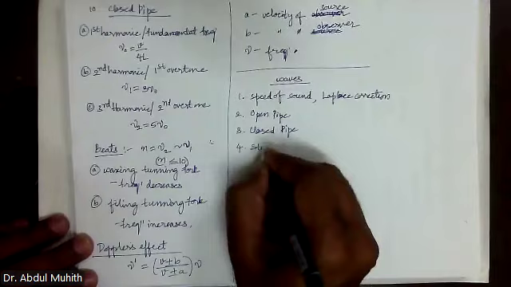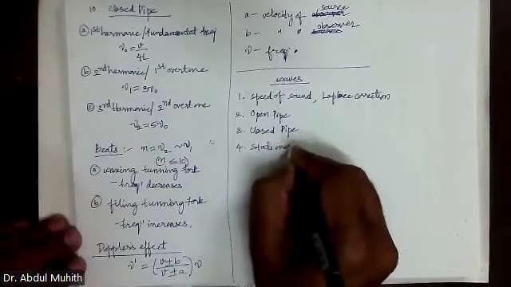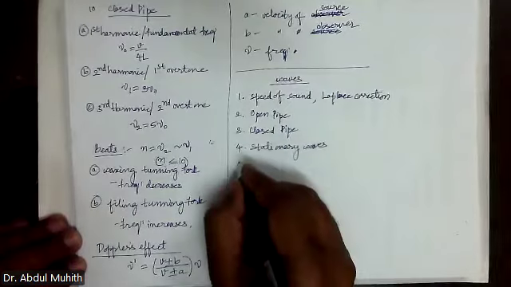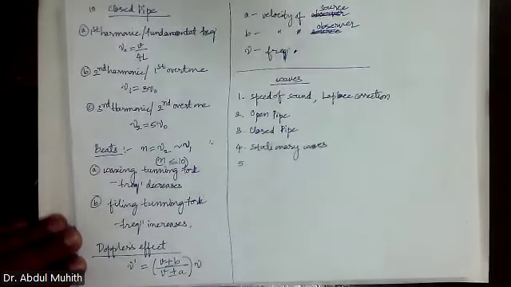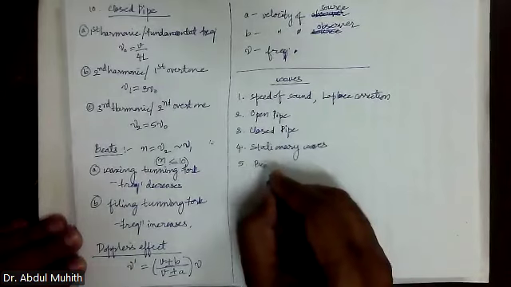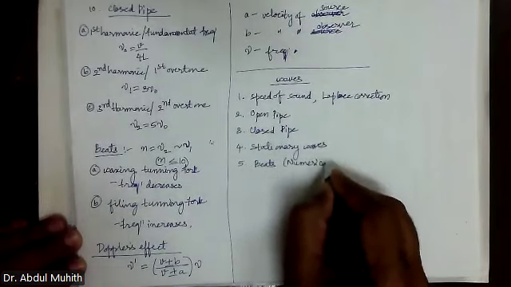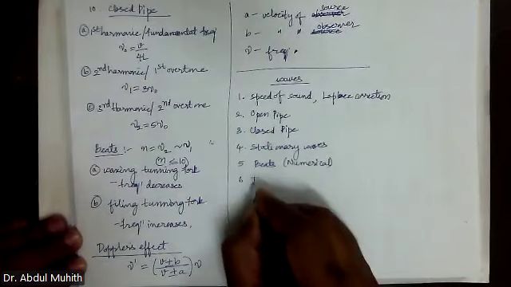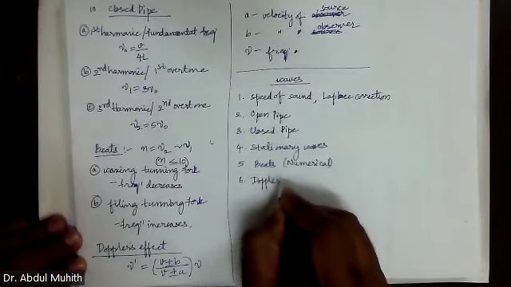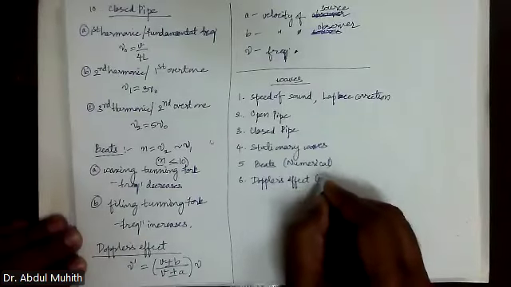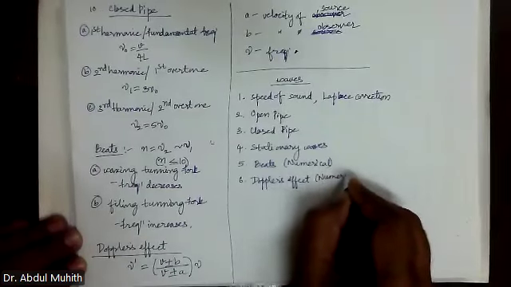Fourth is stationary waves, and fifth one is beats phenomena. There will be a numerical in beats. And last one is Doppler's effect. There will be a numerical on this also.